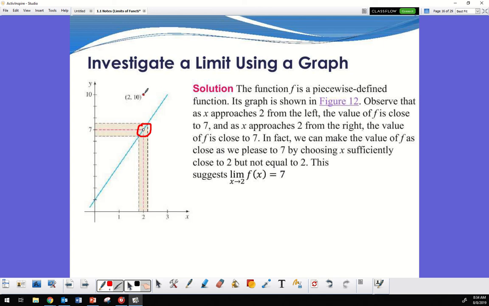So the left side is going to this, the right side is going to this, so it's both approaching that number, and that would be the limit. So if I was asking for the limit, it's 7. If I was asking for f of 2, that's 10. Does that make sense? It's asking for two distinct different things.